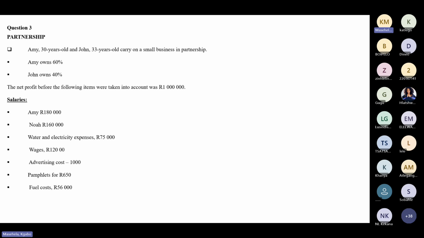Let me give an example. This Mr. Masela and Mrs. Masela. We are opening up a small business. I come with 60,000. She comes with 40,000. Can you see that our profit sharing ratio will not be the same? Mine would be 60%. Hers will be 40% because it's out of 100.